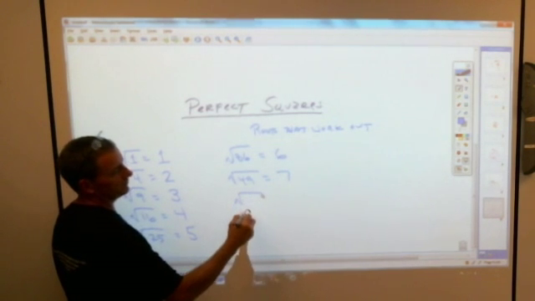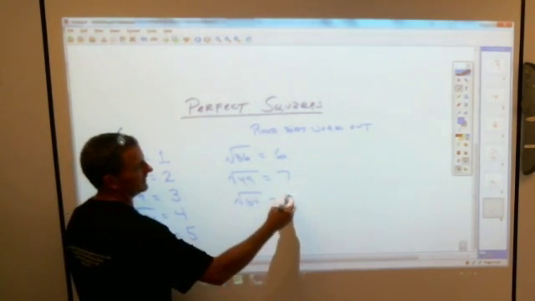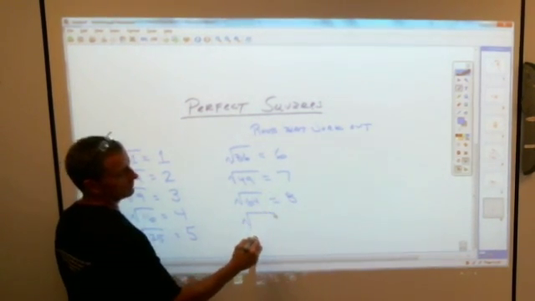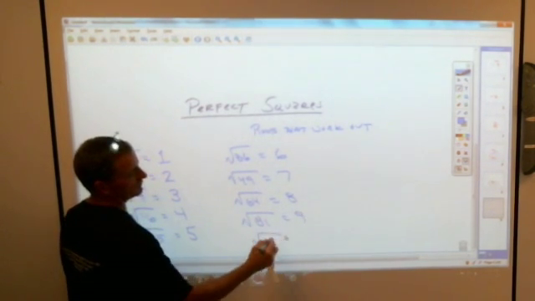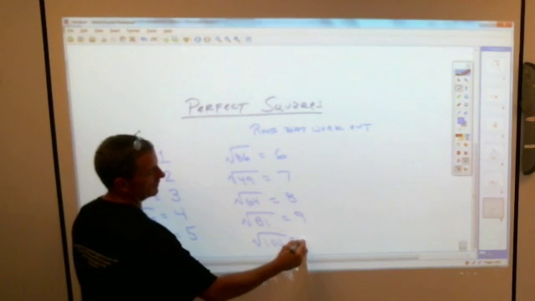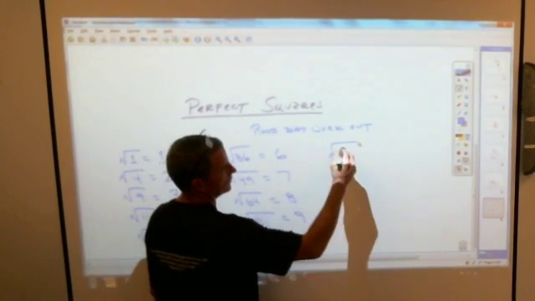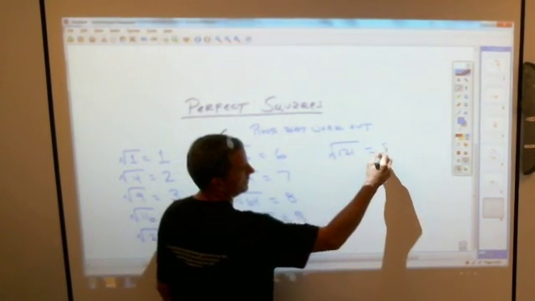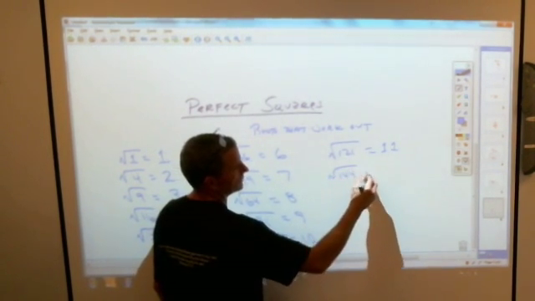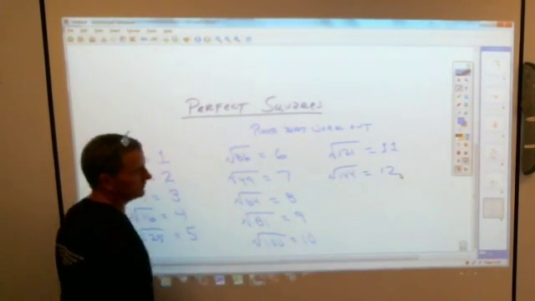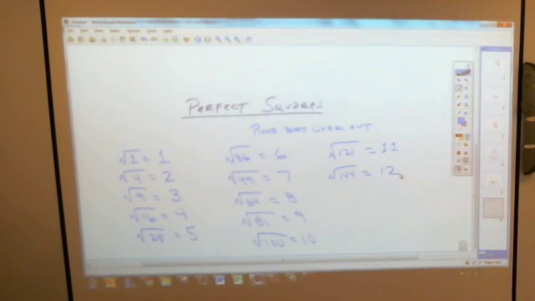The square root of 64 is 8. The square root of 81 is 9. The square root of 100 is 10. The square root of 121 is 11. The square root of 144 is 12, etc., etc. Though that is the list of the first 12 perfect squares. They work out evenly.